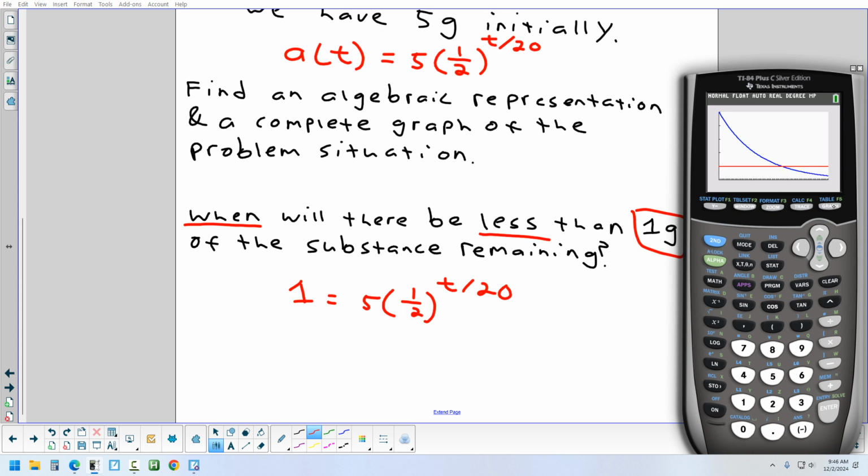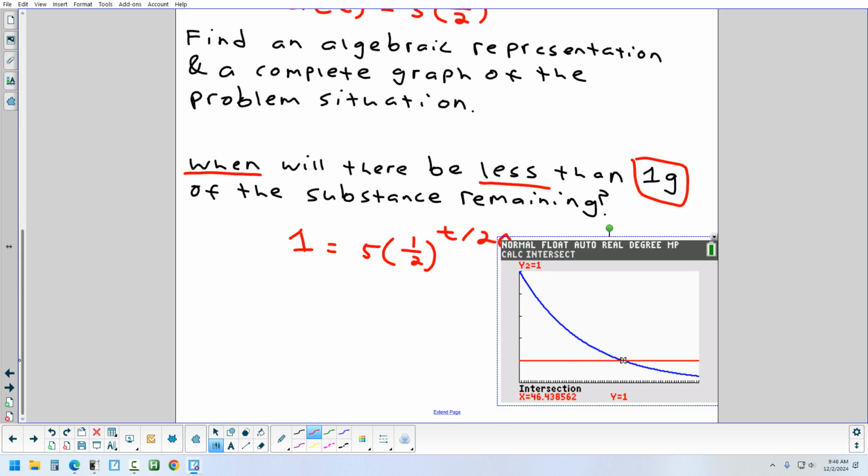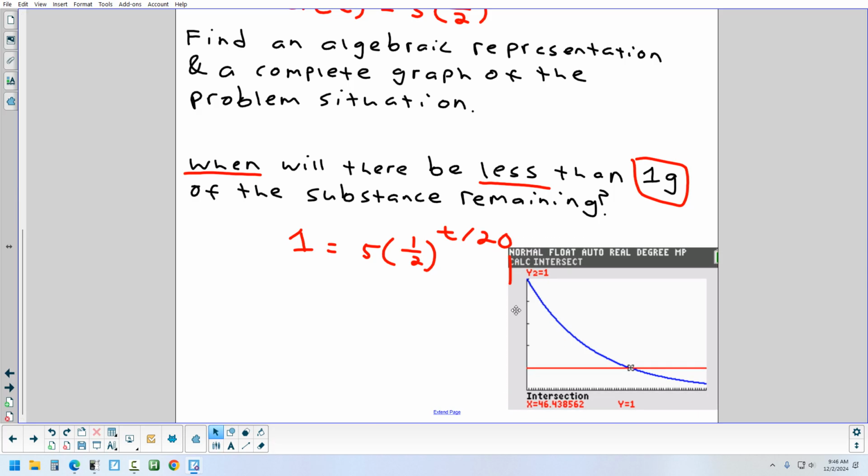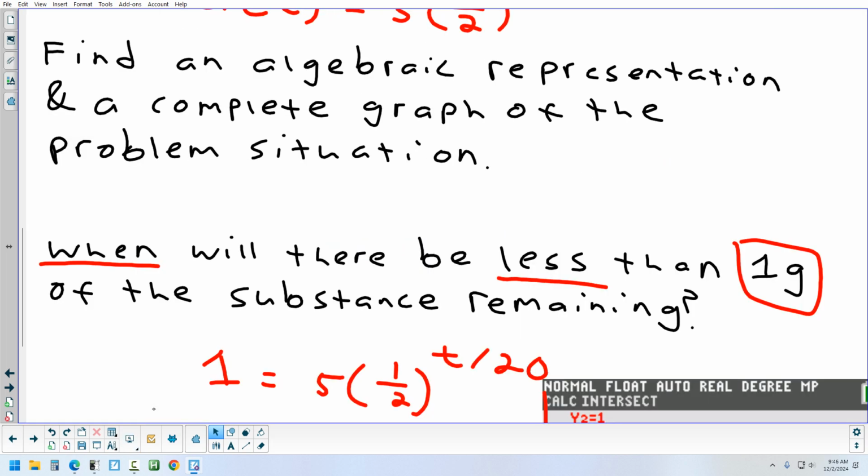Okay. So now, using that, what do I have to find? The intersection. Find the intersect. Now we just have to interpret that answer. So the question is, when are we going to be less than 1 gram?